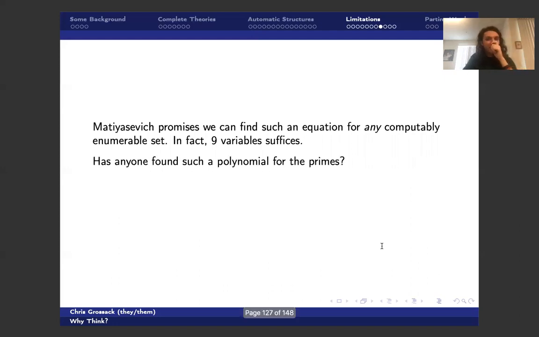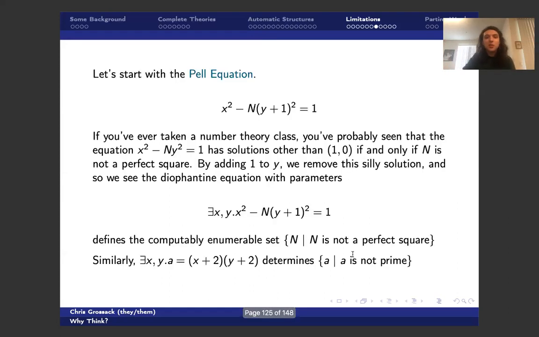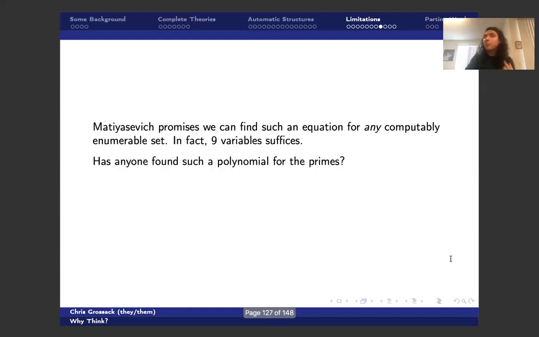There we go. So an obvious question: the primes are a computably enumerable set. We saw on the last slide that checking non-primeness is quite easy. Can you check primeness? We know there is a polynomial abstractly, but has anyone found a polynomial whose Diophantine equation is solvable exactly when you set the parameter to be a prime?